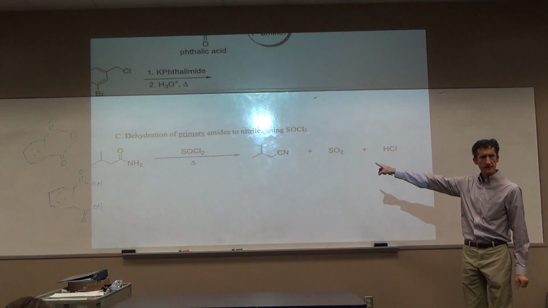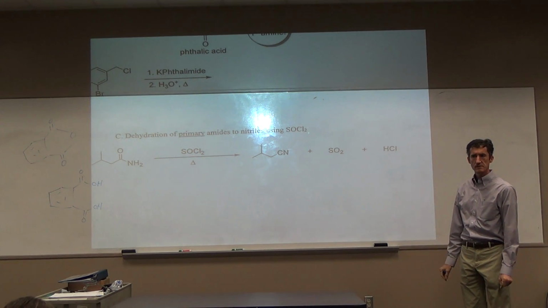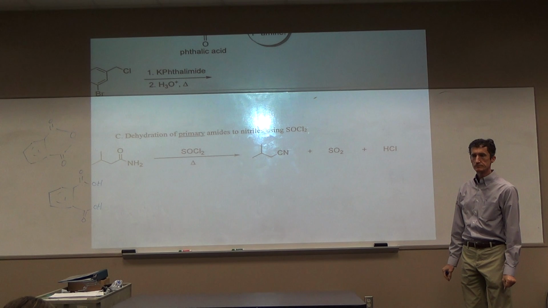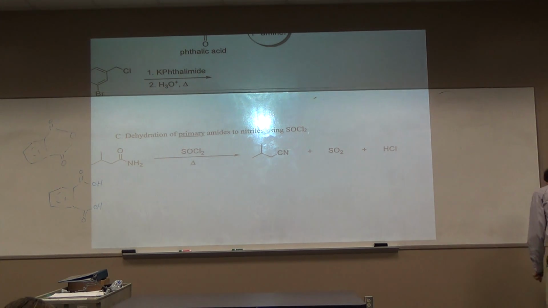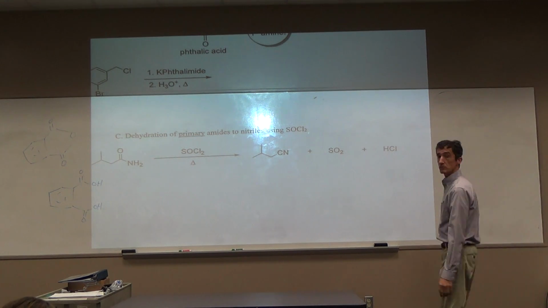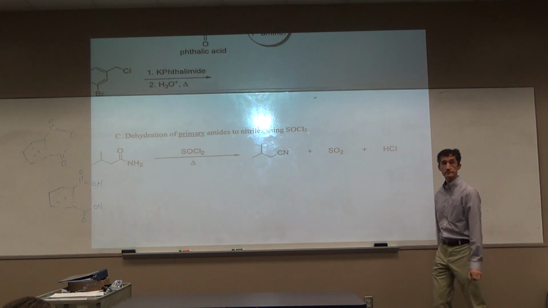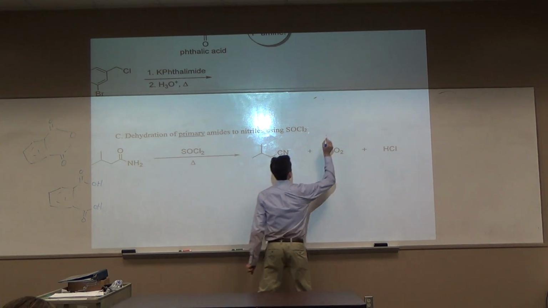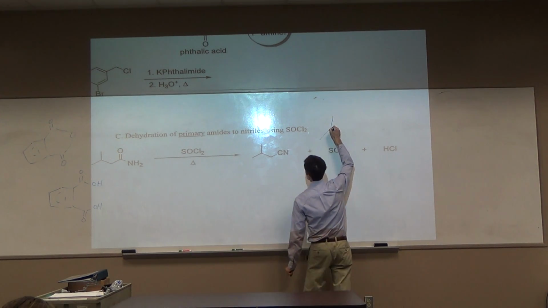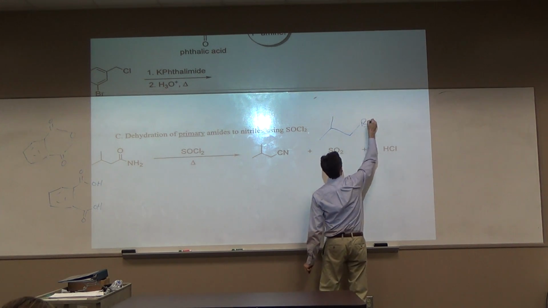Have you seen other ways to make nitrile compounds? What was another way? Did we do it with our diazonium? When we did the diazonium reactions, we got a nitrile on an aromatic ring. What about on an alkyl carbon? What if you had that?